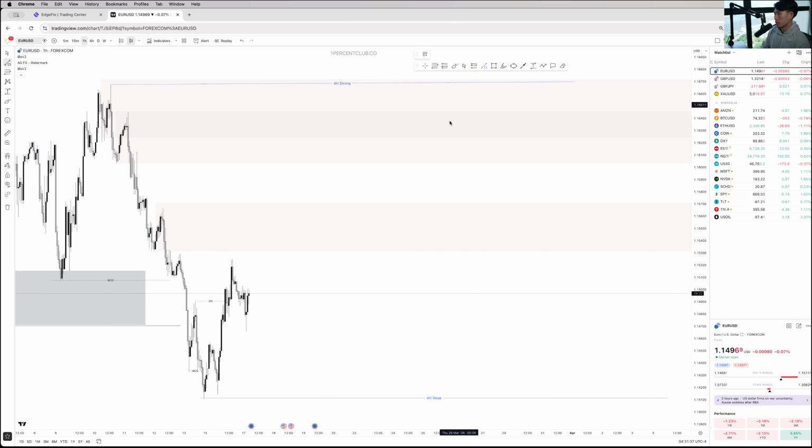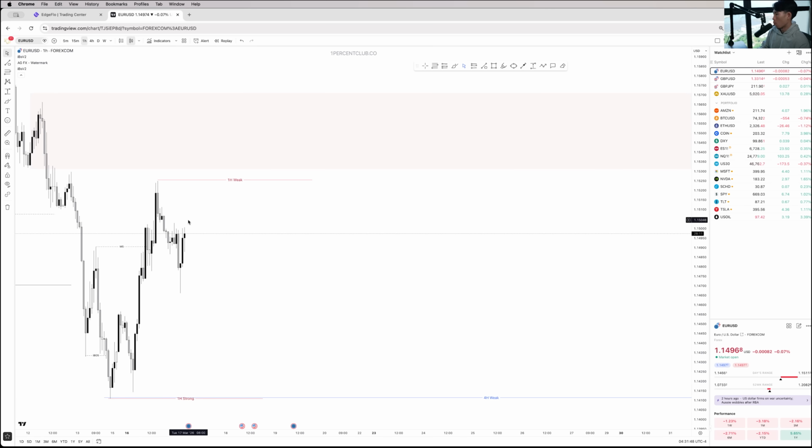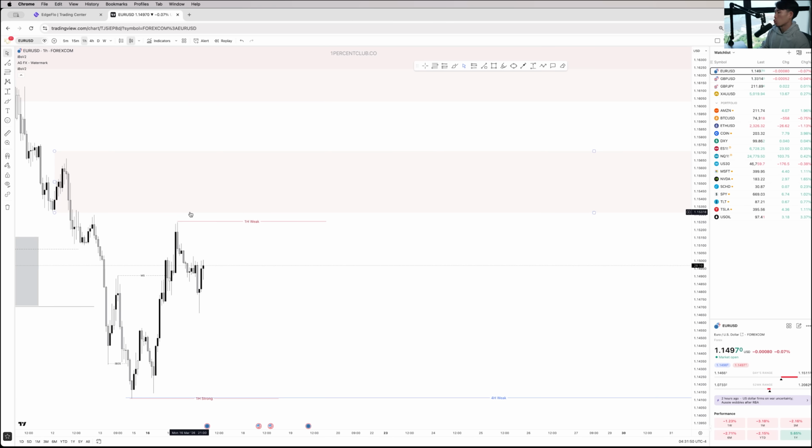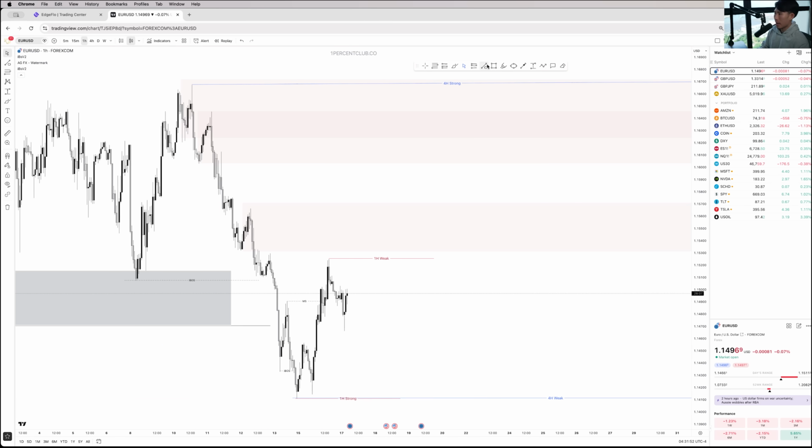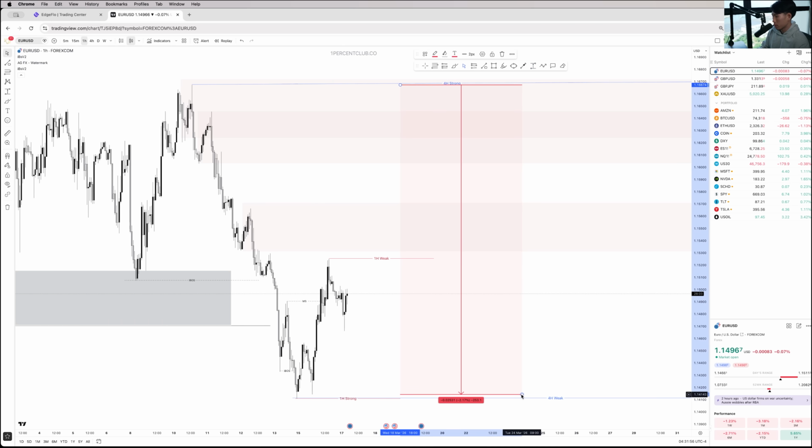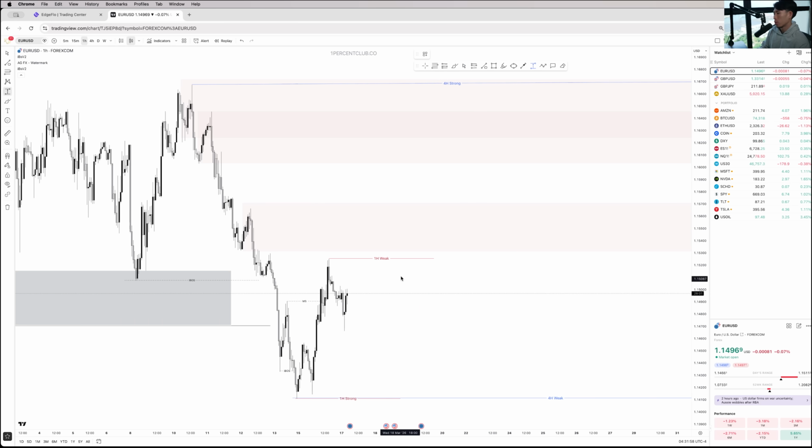When this happens, this becomes my 1-hour swing low, and this is my 1-hour swing high. Okay, 1-hour swing low, 1-hour swing high. Notice how I just narrowed my focus from this wide range of 250 pips to now only 100 pips.